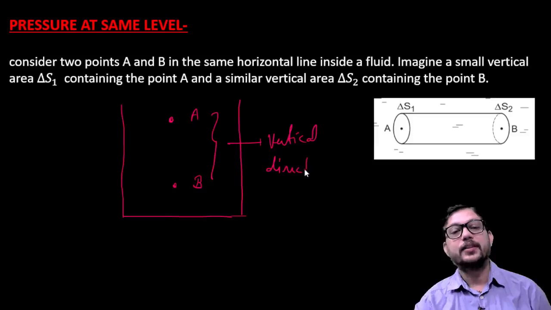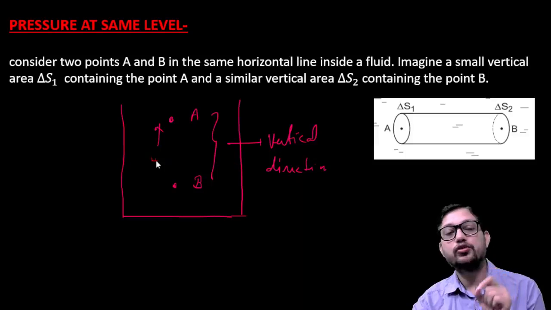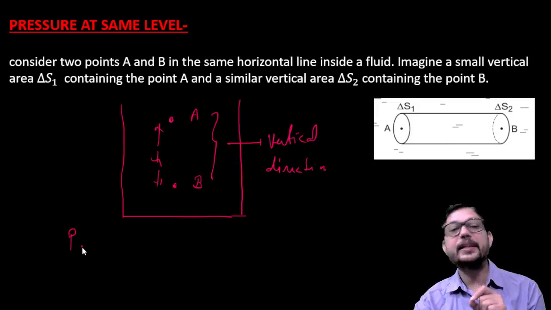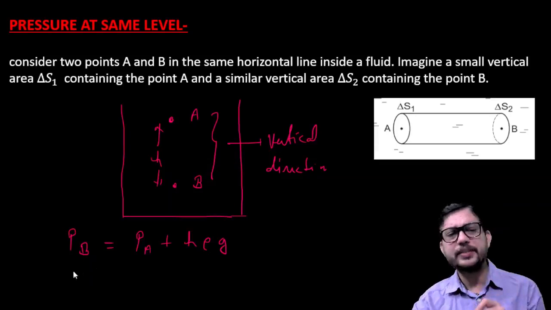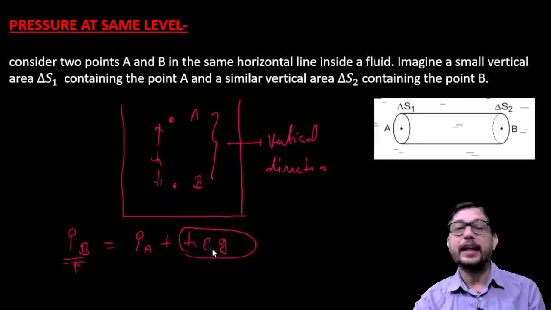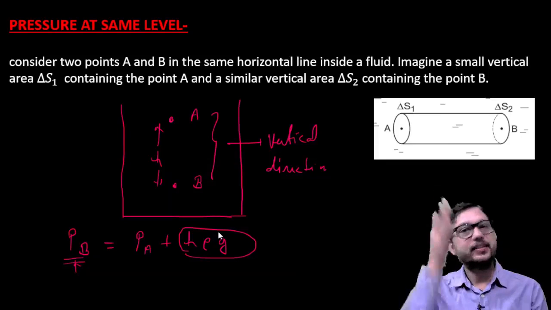If the separation between these two points is H, then the pressure at point B will be the pressure at point A plus H rho g. It means the pressure at a point deeper inside the liquid is more, and increases by an amount of rho gh. So we are talking about points in the vertical plane.